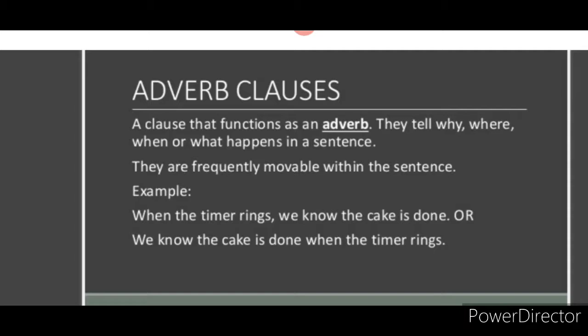Because her father gave her a watch, so that is the adverb clause. I hope you have understood what is adverb clause. It's very easy. Adverb means what? It describes or gives more information about the verb.